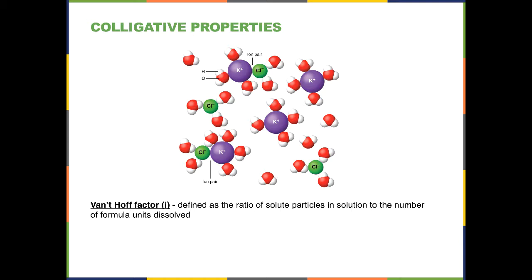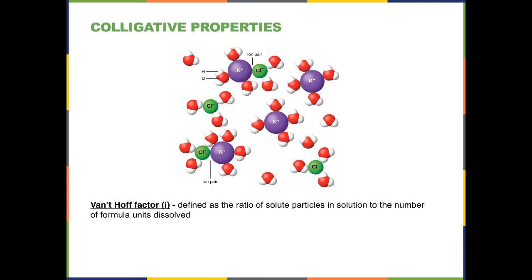So, for example, we talked about dissolving chloroform or iodine in benzene. Well, iodine dissolves, each mole of iodine gives 1 mole of particles. But in this example on the slide, you see that each mole would give up 2 moles of particles, a mole of potassium particles and a mole of chloride particles.